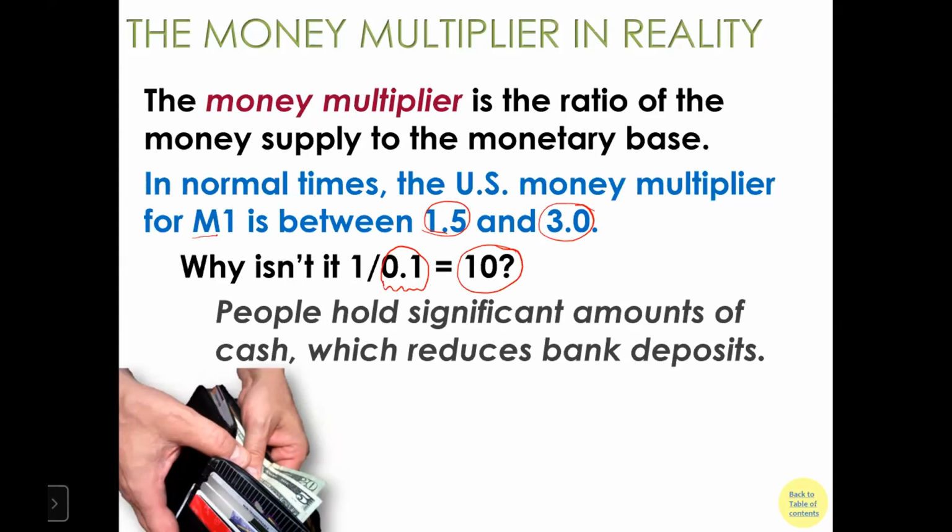And why do we have a money multiplier much smaller than this hypothetical money multiplier? This is because people hold a significant amount of cash, which reduces the bank's ability to make deposits. Also, the money multiplier differs from country to country.